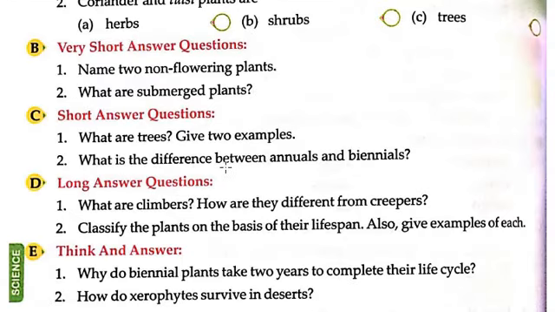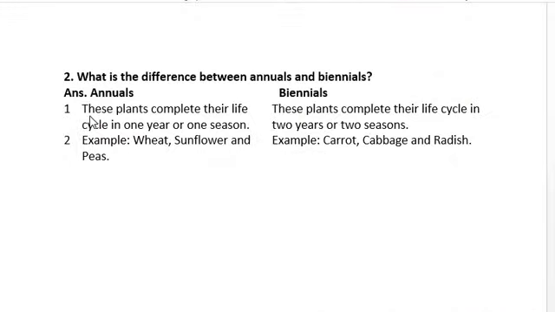What is the difference between annuals and biennials? Annuals: these plants complete their life cycle in 1 year or 1 season. Example, wheat, sunflower, and peas. Biennials: these plants complete their life cycle in 2 years or 2 seasons. Example, carrot, cabbage, and radish.